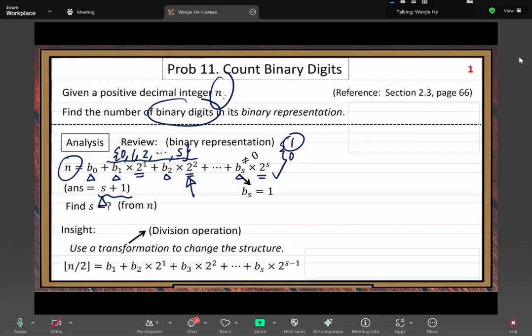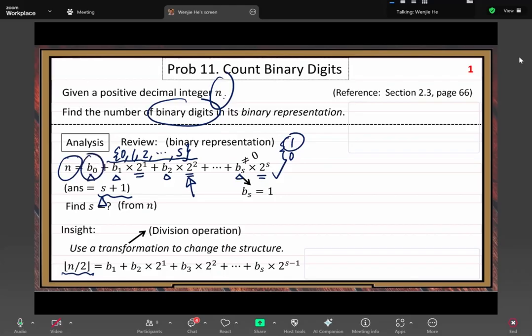When you do division by 2, on the left-hand side you need to use the floor function because you want to get an integer. So we do integer division by 2 on both sides, and we drop the remainder.